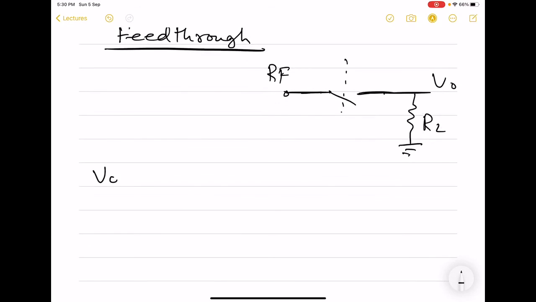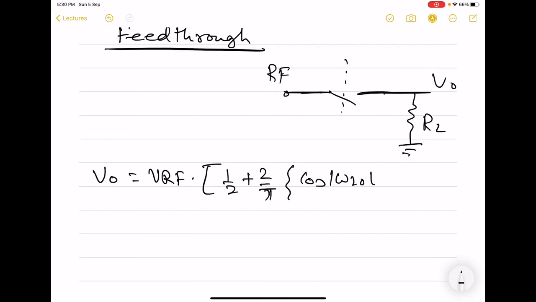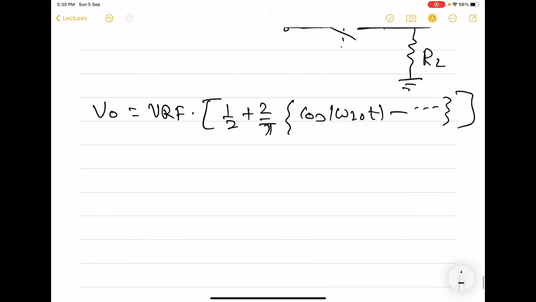So here we found that output was VRF into square wave like this. So desired components were, of course, product of these two.